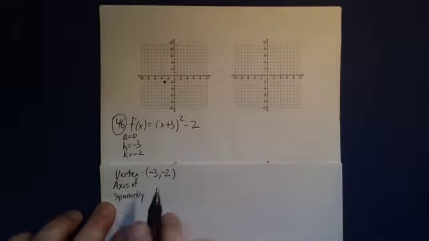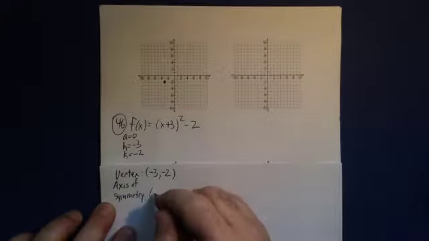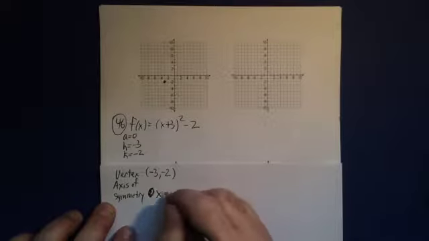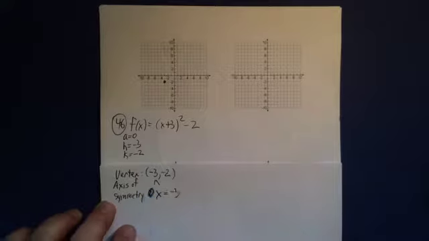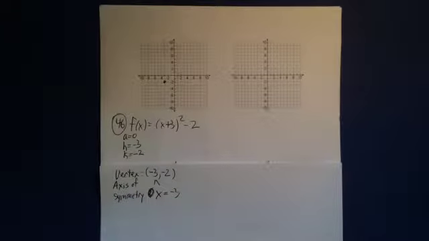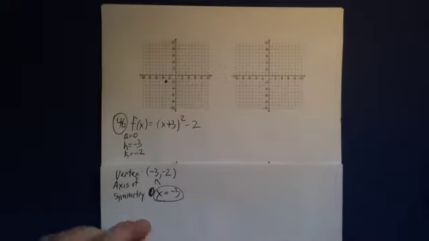I'm going to define the equation for the axis of symmetry as x equals negative 3. Where do I get that from? I get that from the x value of the vertex. So I can write the equation of the axis of symmetry as x equals negative 3.